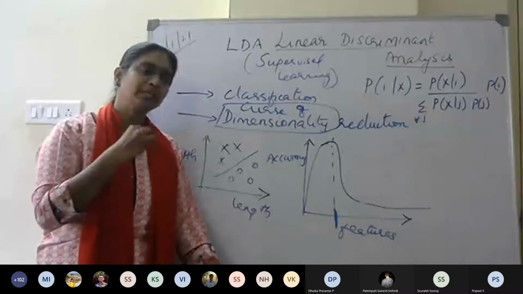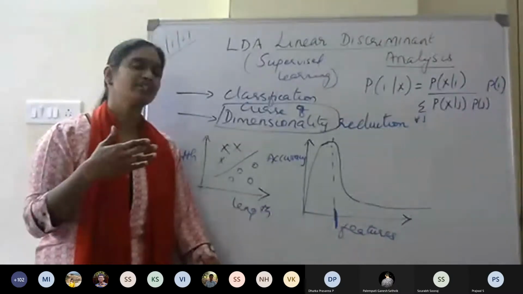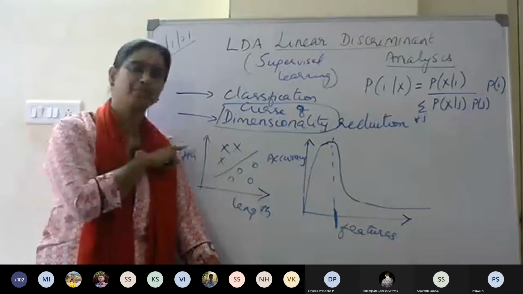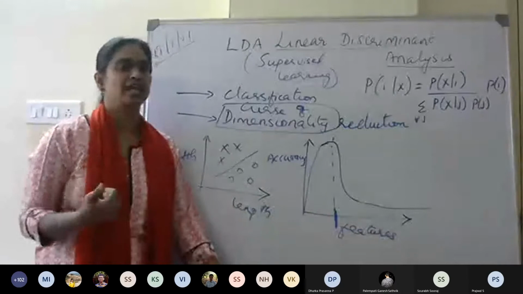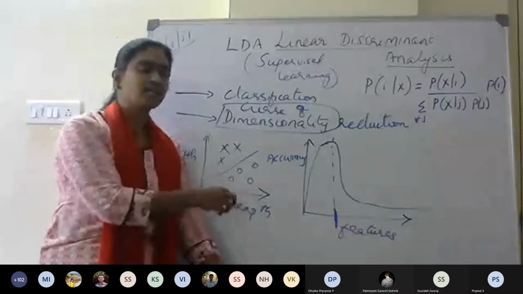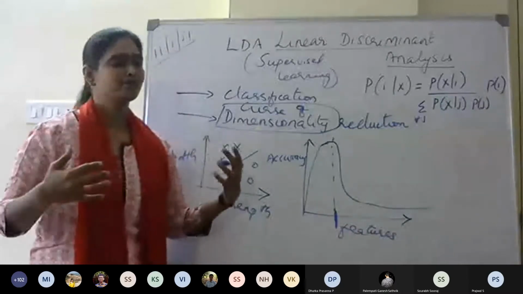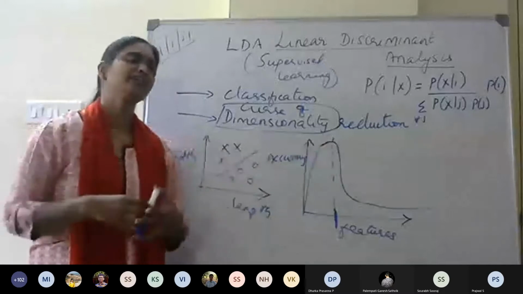Whereas if I increase the number of features, the classification becomes complex. The accuracy will not be very high. It will decrease because my number of features increases and the dimensionality increases.